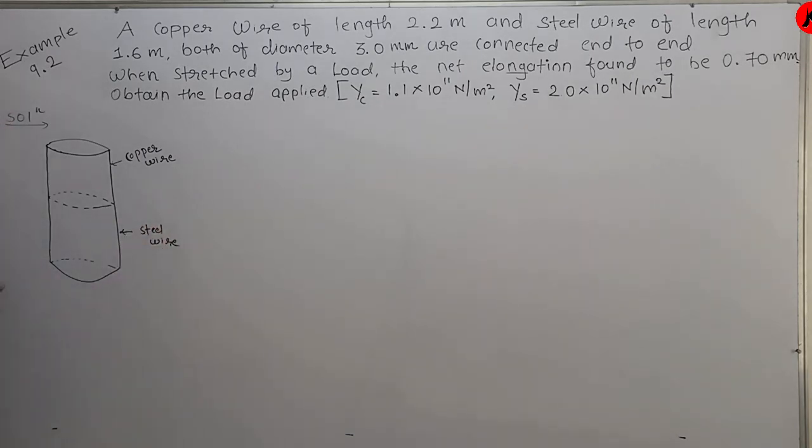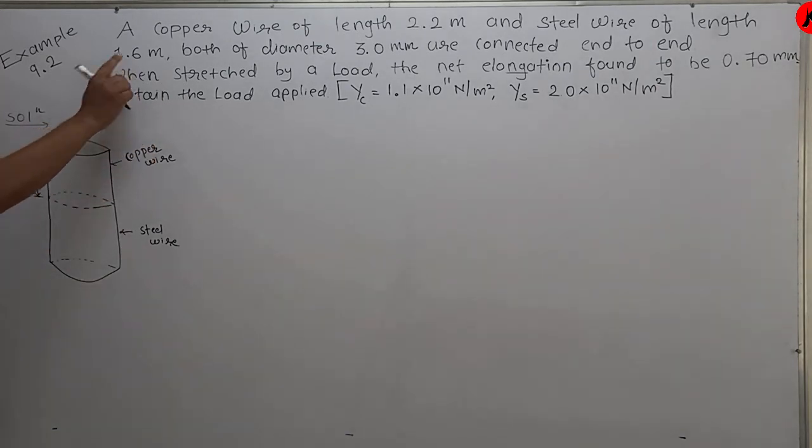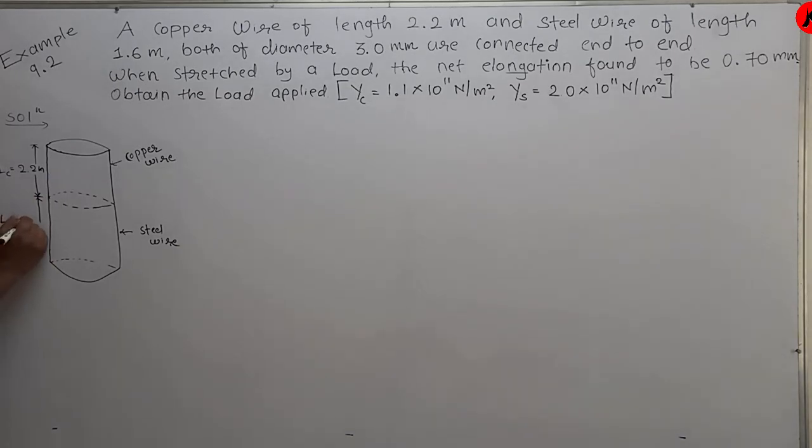The length of the copper wire LC is equal to 2.2 meter, and the length of the steel wire is equal to 1.6 meter.